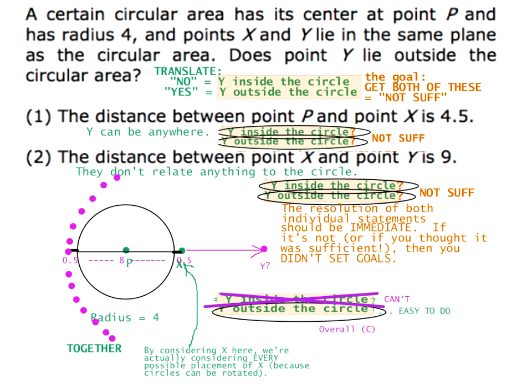Same plane means that you're dealing in 2 dimensions so that you don't have to worry about 3-dimensional possibilities. It actually wouldn't matter in this case, because being in the interior of a circle you'd still have to be in 2 dimensions anyway.